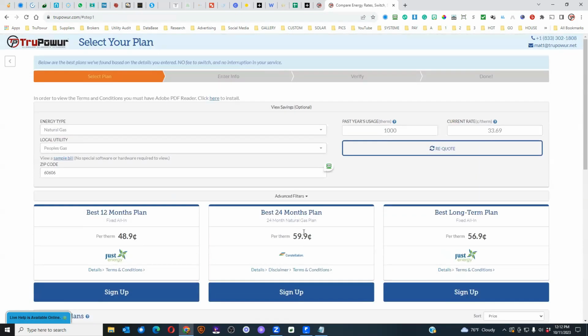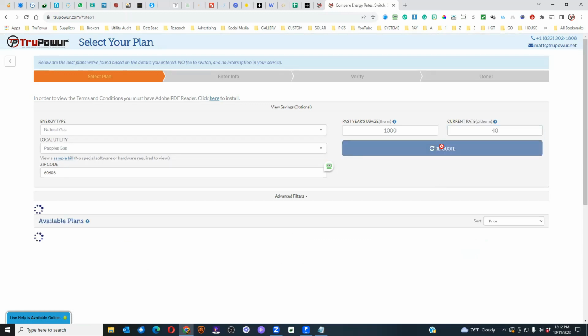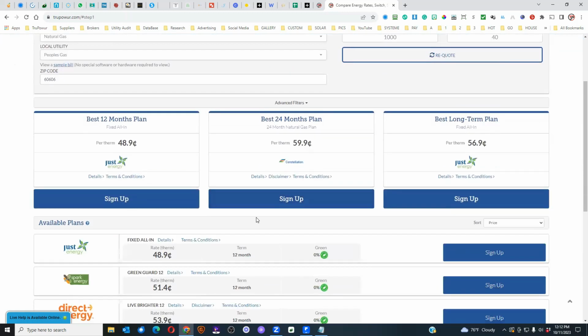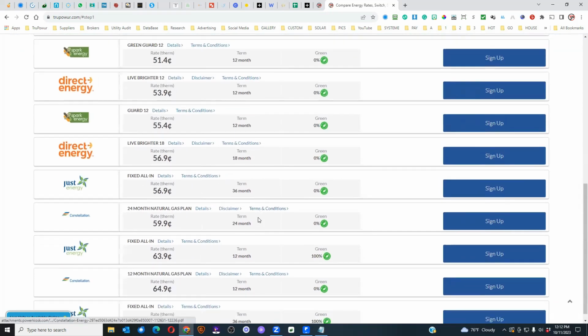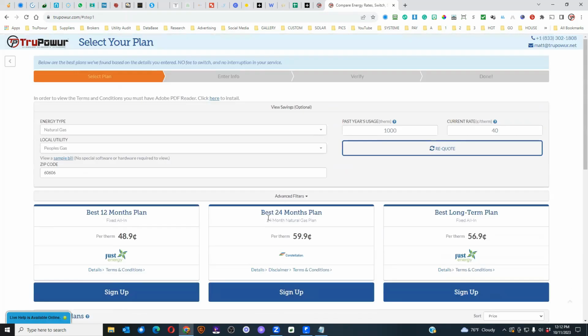And so unless you put in some information that is going to update this information, then it is not going to show you any kind of savings that is available. So you need to make sure that you update whatever their past usage was, that's annually, and then what is their current rate in order to do that.